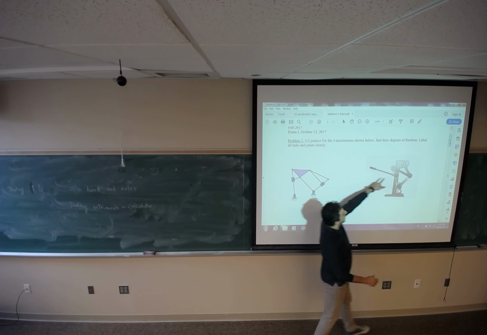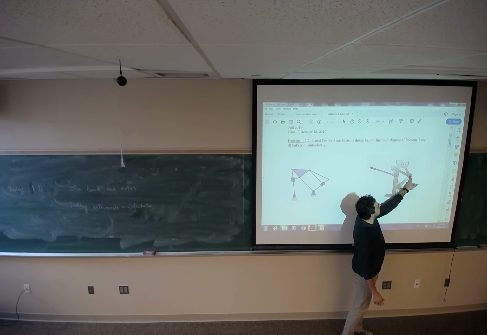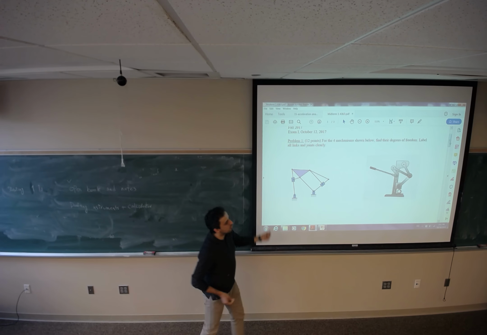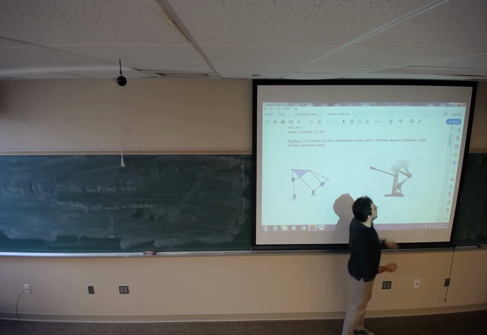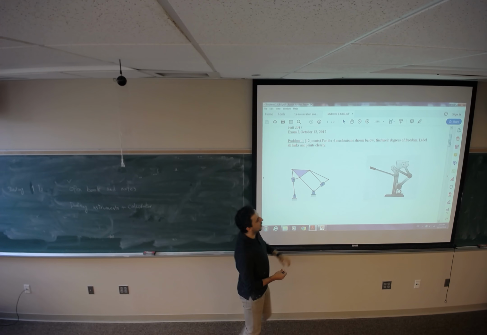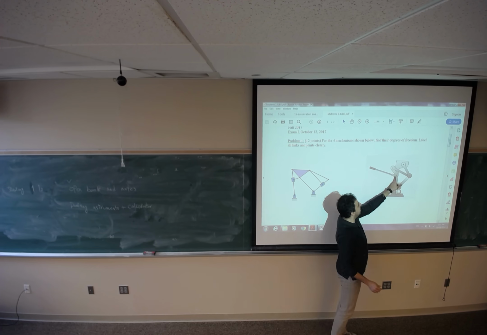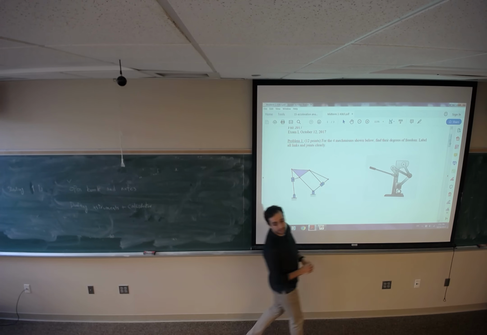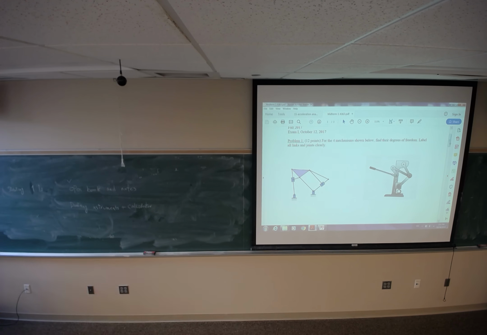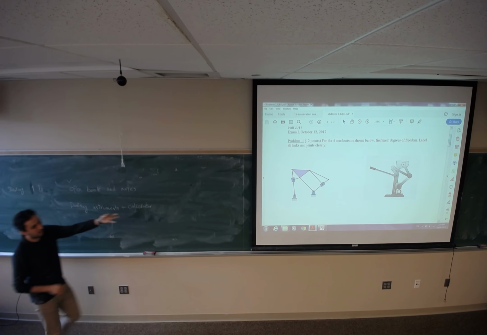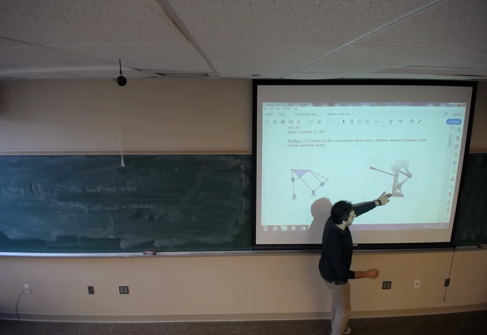This point has 3 links connected to one joint. You should count it twice for the joints. 1 link, 2 links, and 3 links. And here we have 1 pin and 1 slide as one joint. So the degree of freedom for this is 1. For this one also it is 1.